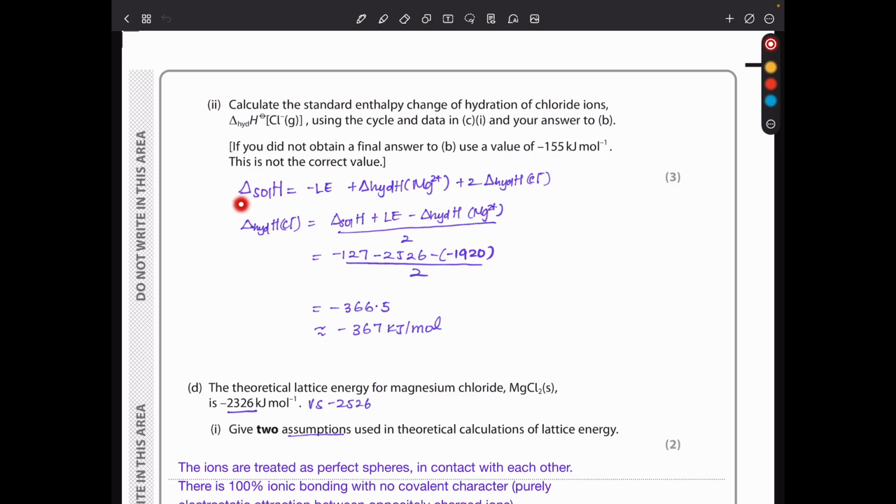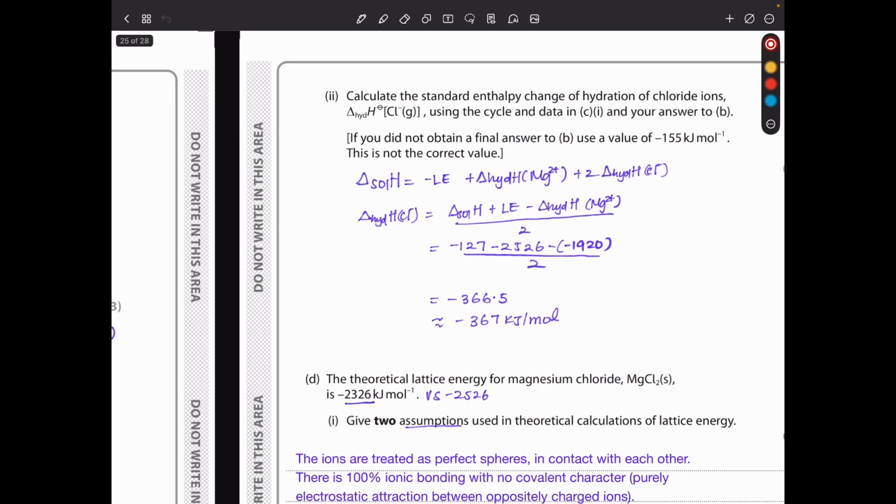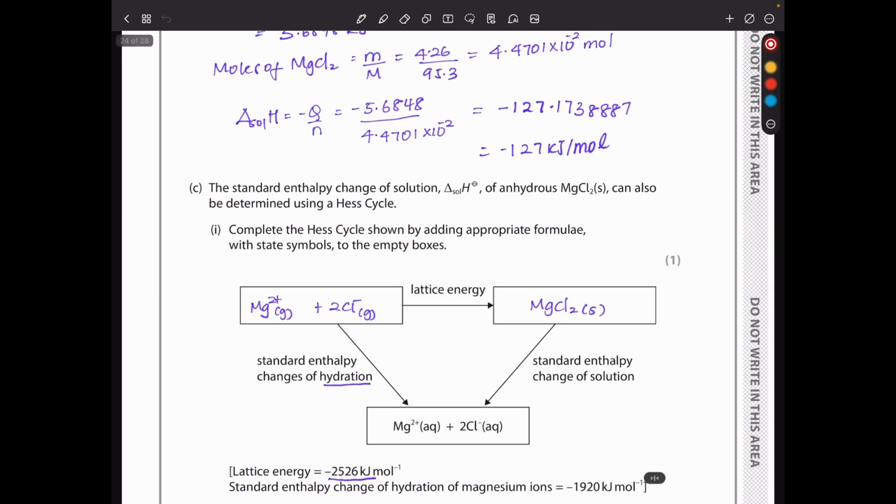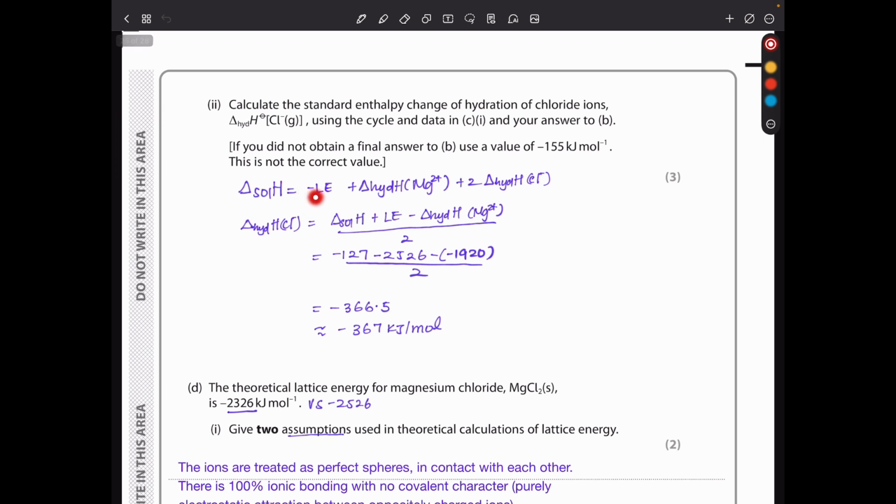So the enthalpy change of solution is equal to, I used this part here, negative of that plus that. So the solution equals negative lattice energy plus the hydration of magnesium, which is 1 magnesium ion, plus twice the hydration of chloride, because chloride ions are 2.